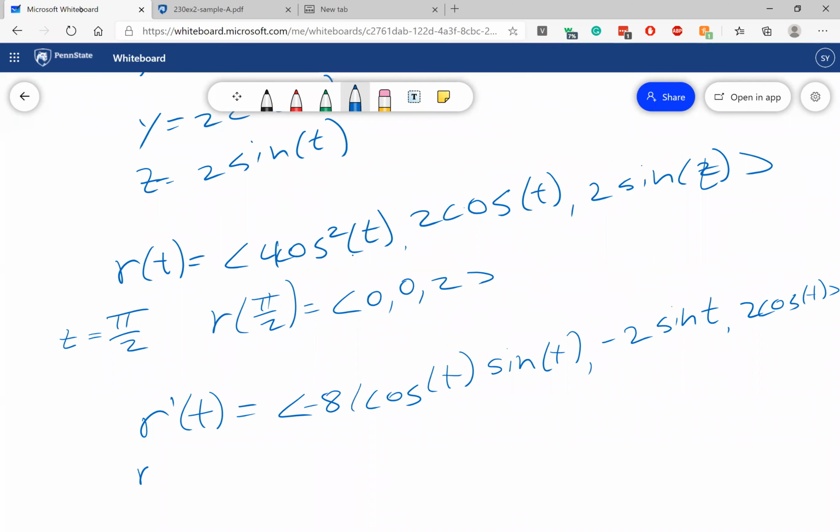And so r prime of pi over 2 is going to be: here we'd get a 0, here we would get a negative 2, and here we'd get a 0. So that's our r prime.